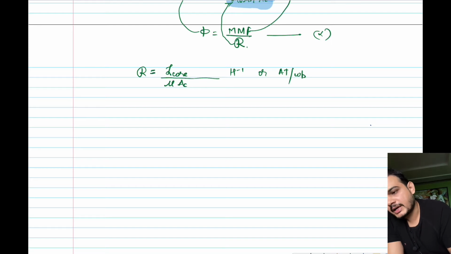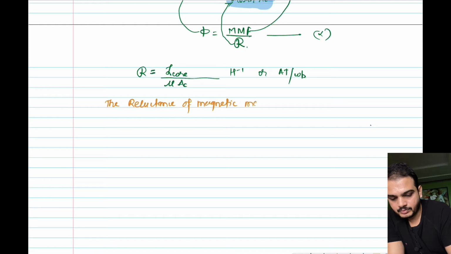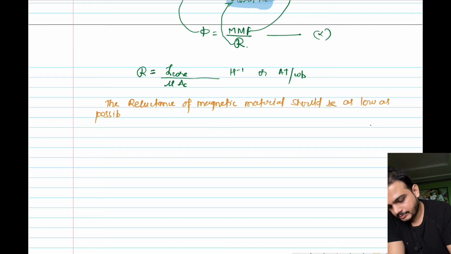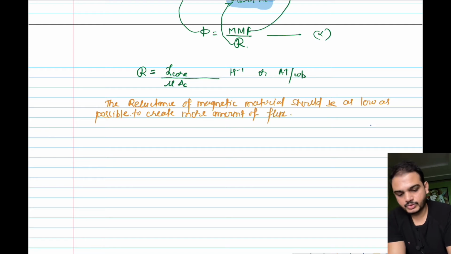So what I said, the reluctance of magnetic material should be as low as possible to create more amount of magnetic field or magnetic flux.